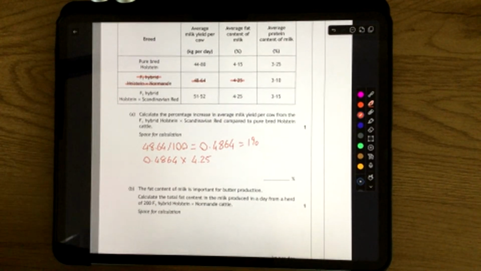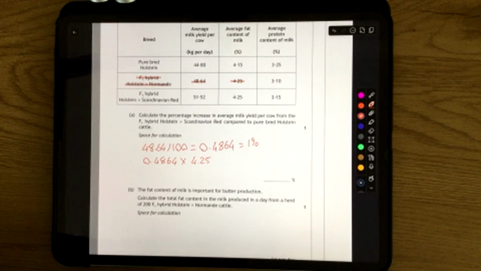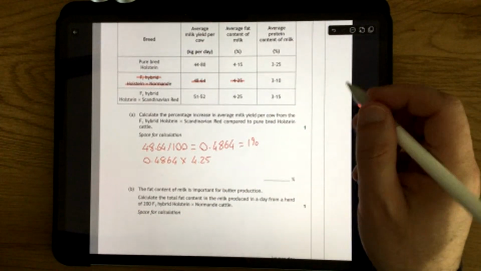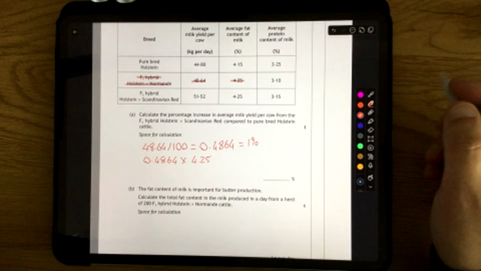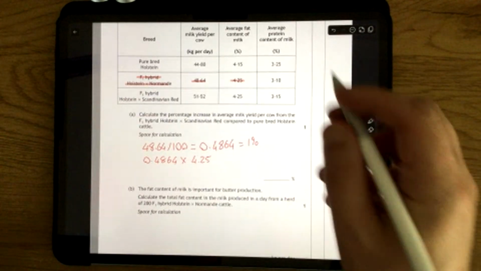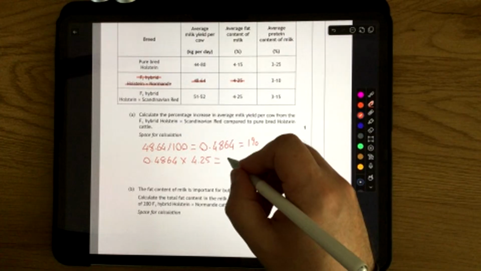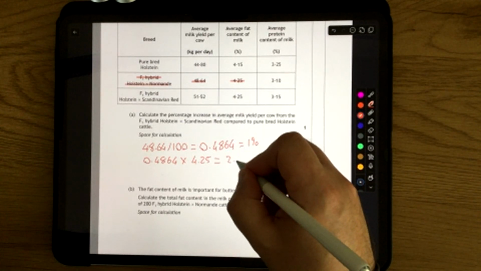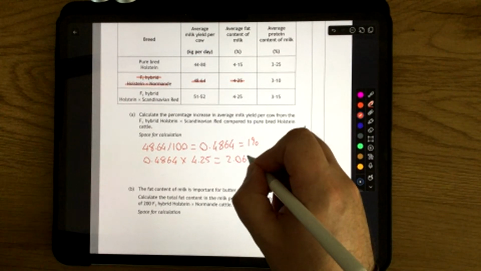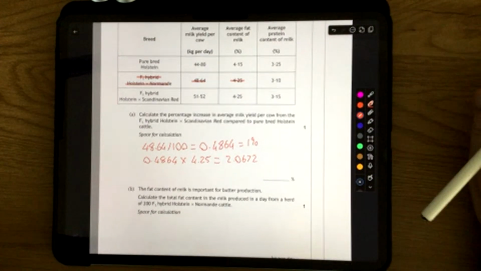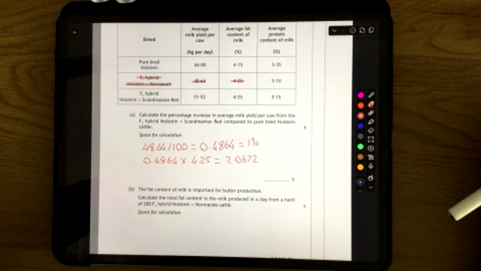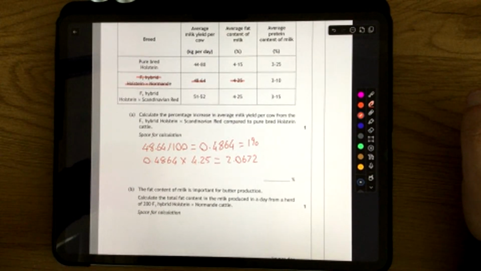So 1%, to make it into 4.25%, I'm just going to multiply by 4.25 because I know what 1% is, right? So what I get from that is 2.0672.